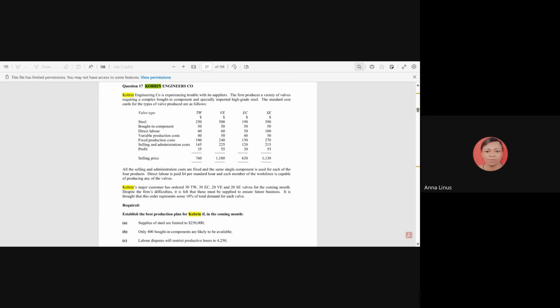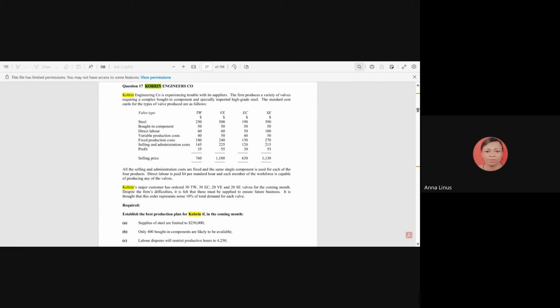The standard cost cards for the types of valve produced are as follows: valve type TW, VE, EC, and SE, all in dollars. The steel amount for TW is 250, VE 500, EC 190, SE 390.